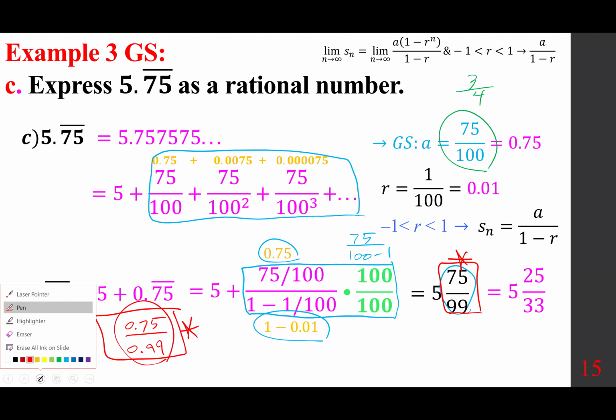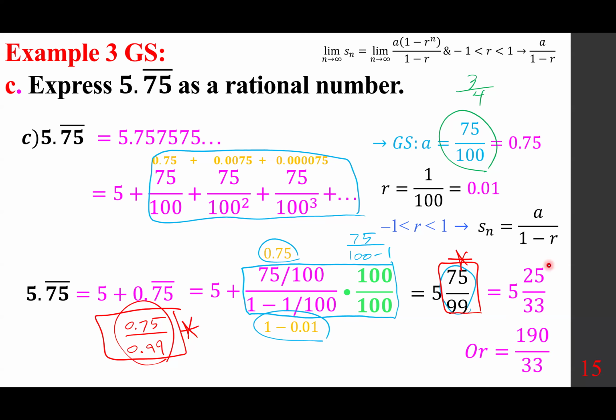All right. Now this is done and you're finished. However, in some texts, when they say rational number or a fractional format, they just want a fraction. This, as you know, is a mixed number. So 5 times 33 plus 25, 190 over 33. They may want it in this format.